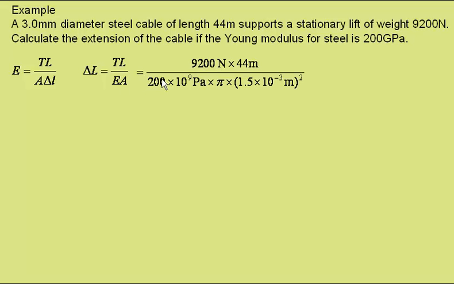Then, putting in our numbers, the tension was 9,200 newtons, the length 44 meters, the Young modulus 200 gigapascals or 200 times 10 to the 9 pascals, and the area is pi r squared, pi times the radius of the wire, 1.5 millimeters or 1.5 times 10 to the minus 3 meters, squared. This gives an extension of 0.29 meters.